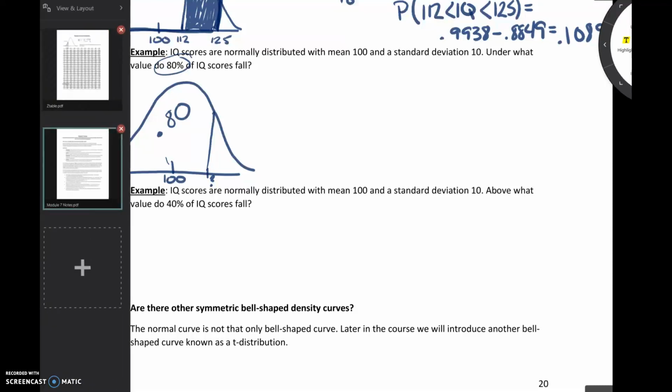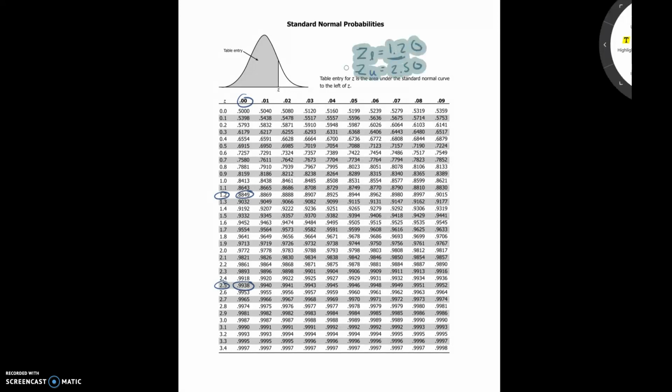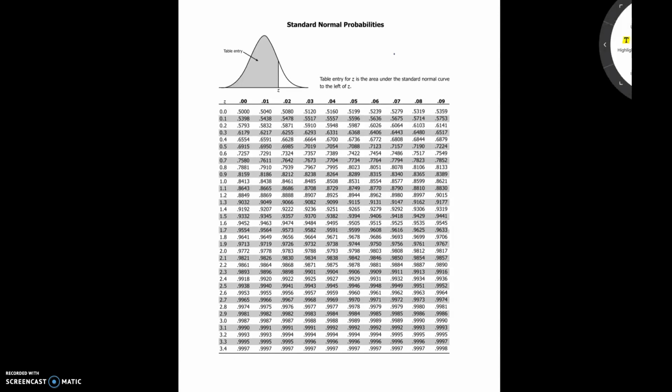So going to our table, remember that all of the middle values of the table, in other words, all of these numbers in here, represent the area to the left of some point. So we're going to find the area that is closest to 80. Notice 80% is somewhere in between these two numbers, and it is closest to this one right here.